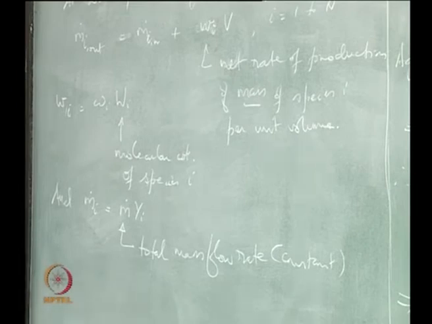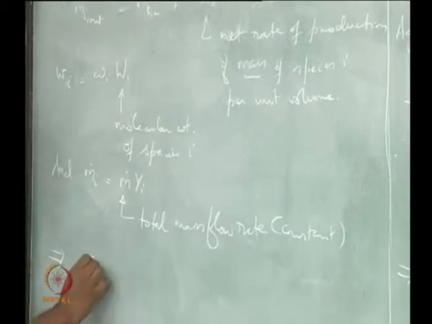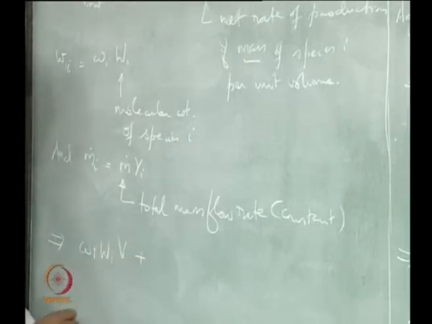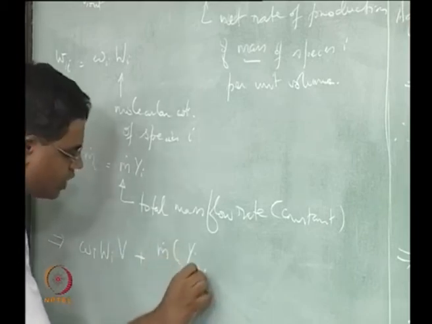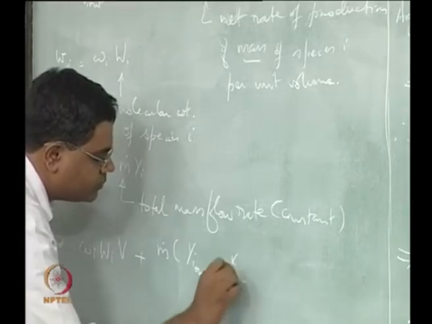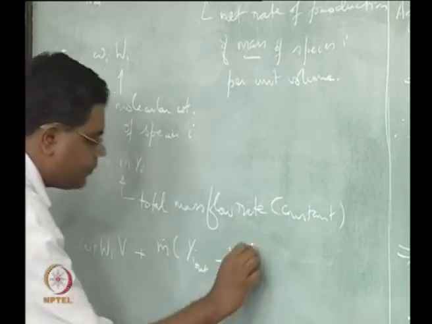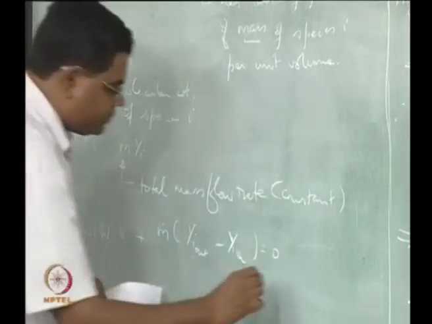Okay, so if you now want to put all these things here, we get omega I capital Wi V plus m dot times yi out minus yi in equal to 0, I equals 1 to n.